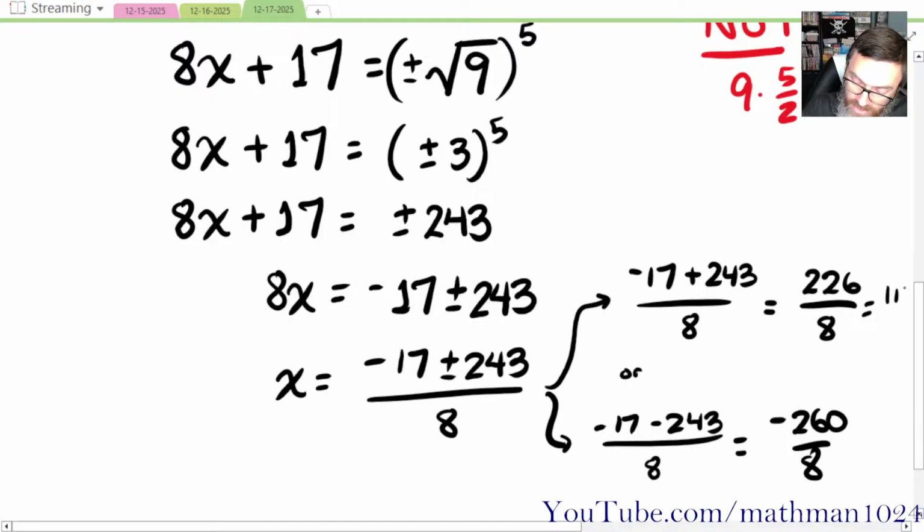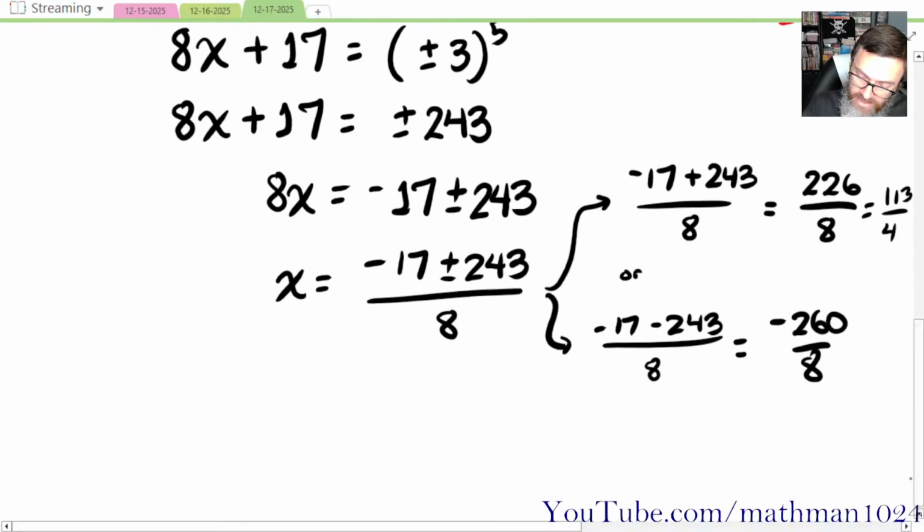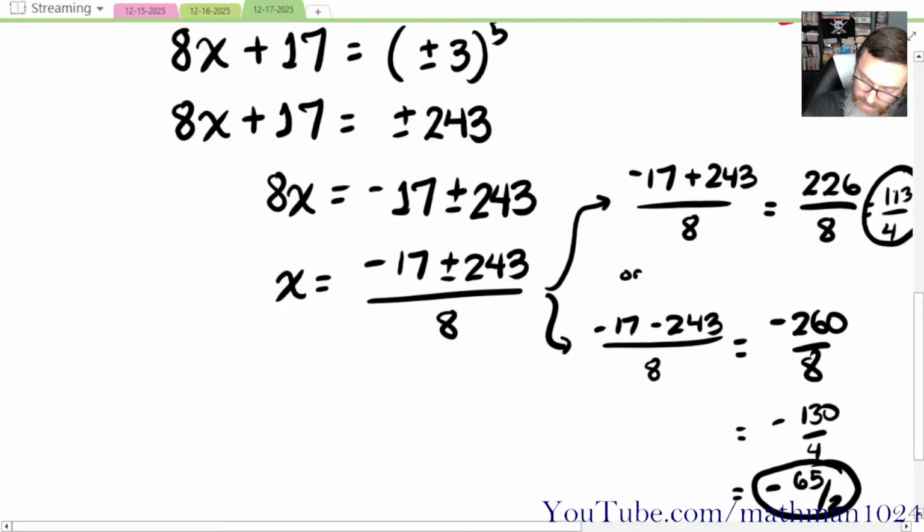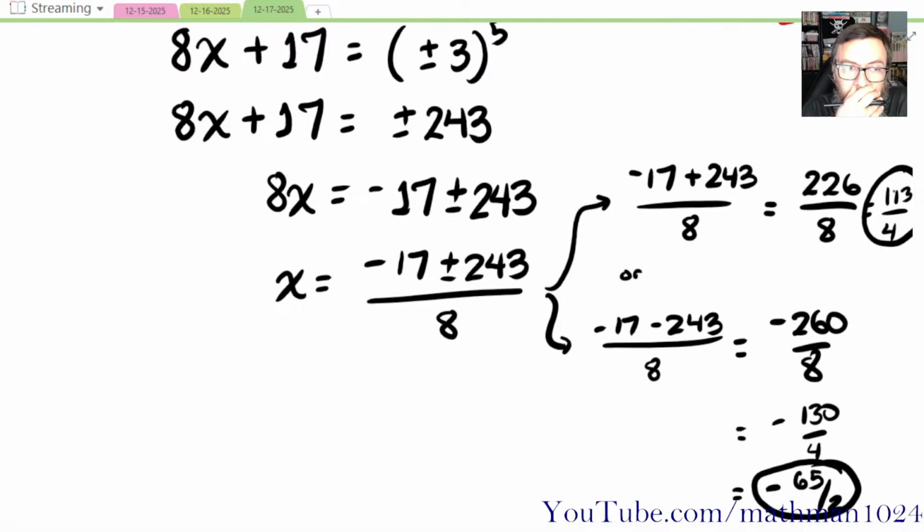This is 113 over 4. And this one becomes negative 130 over 4, which can reduce further to give me negative 65 over 2. So there we go. There are our two answers. Not too bad. Again, it's a matter of taking our time and knowing what the symbols mean.